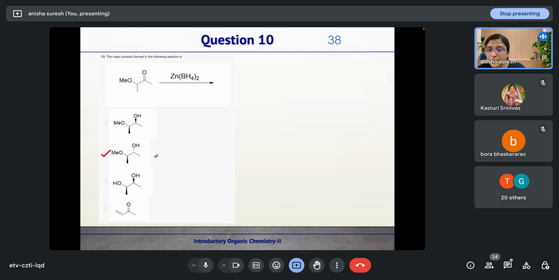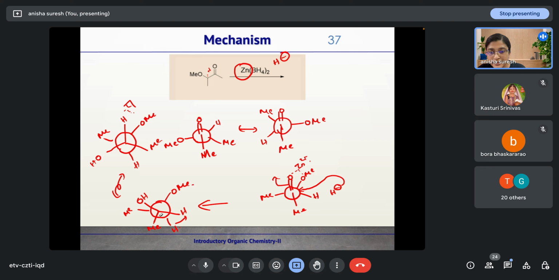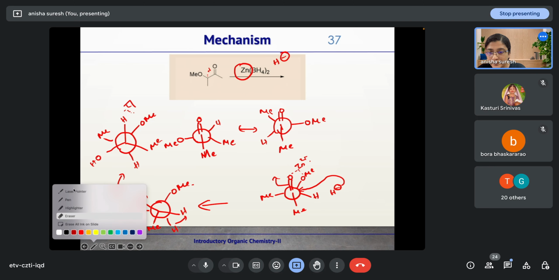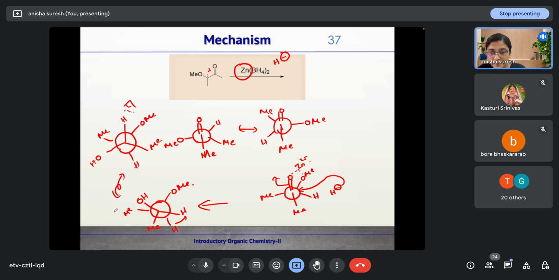According to the methyl group, when we are considering, see, this is the structure you have to consider.